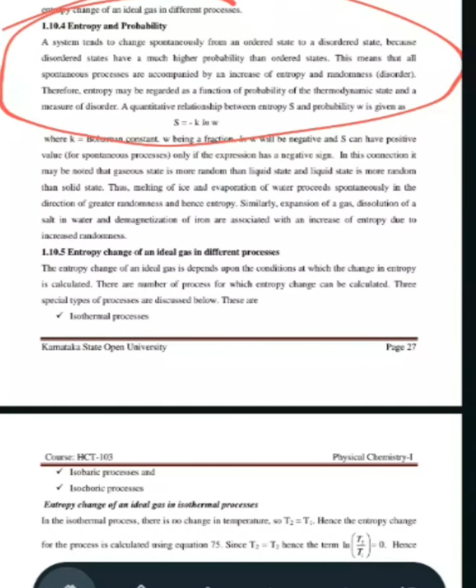Here, probability is the chance of work done by a system. The system tends to change spontaneously from an ordered state to a disordered state, because disordered states have much higher probability than ordered states.